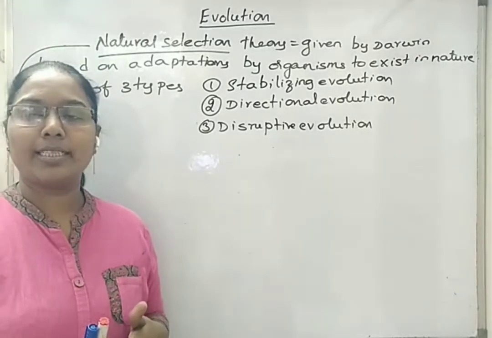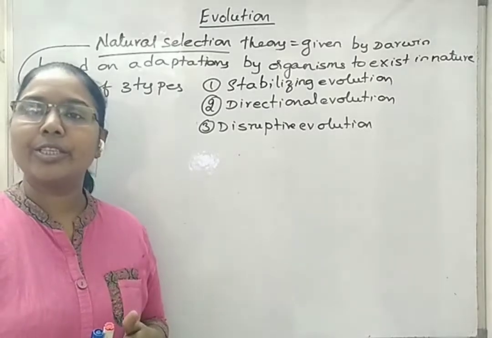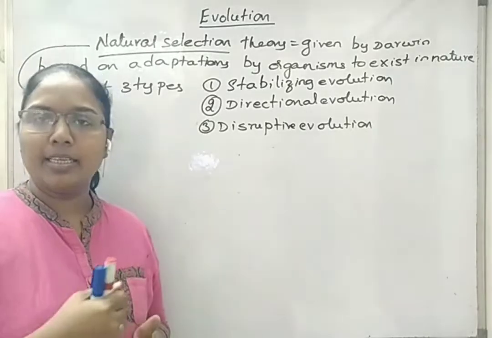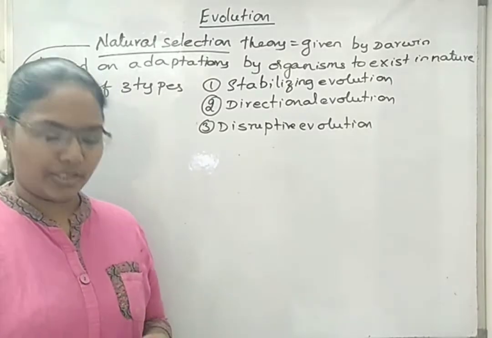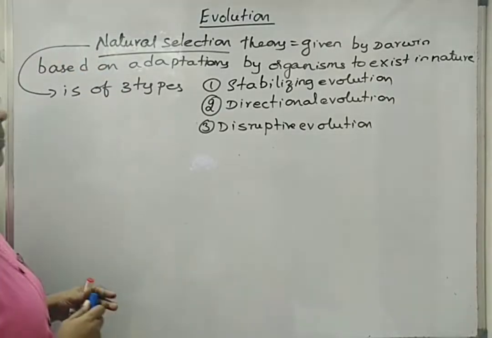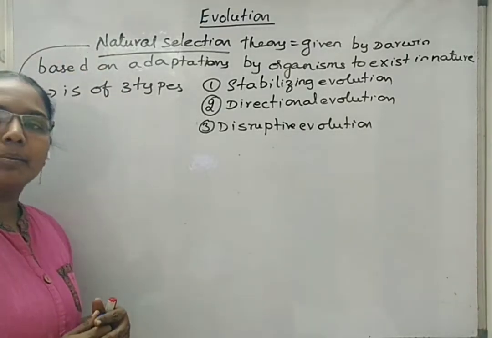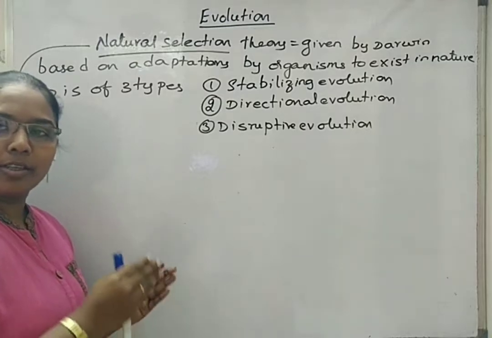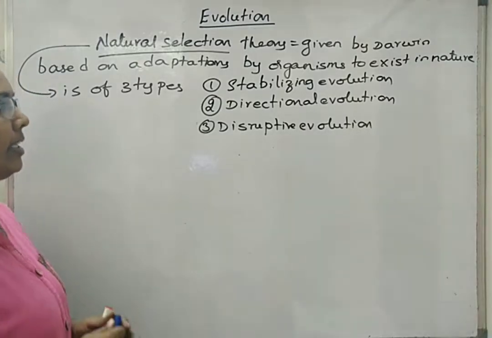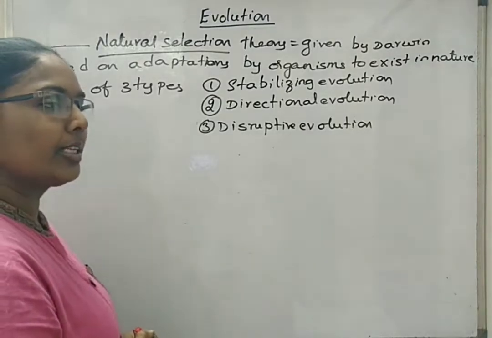So here both the organism and the nature are playing a key role for the organism to survive in the nature. So natural selection is of three types.